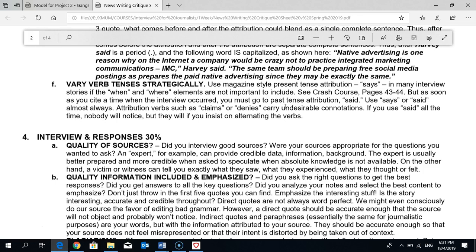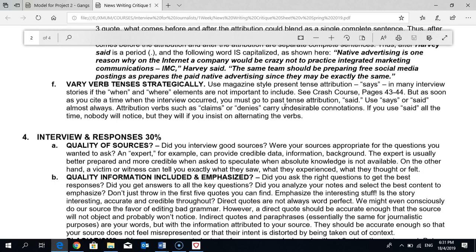Once you start saying claimed, there's also the other problem. Not only do they draw attention to themselves, but you have to be very careful, if you're a good journalist, not to use the wrong word in the wrong situation. Some of these words have some implication.